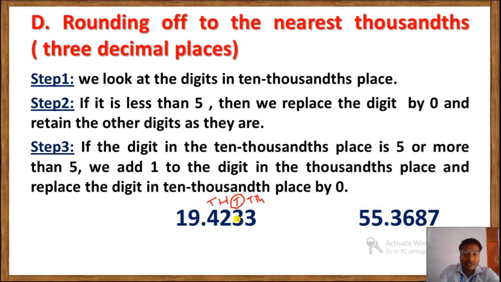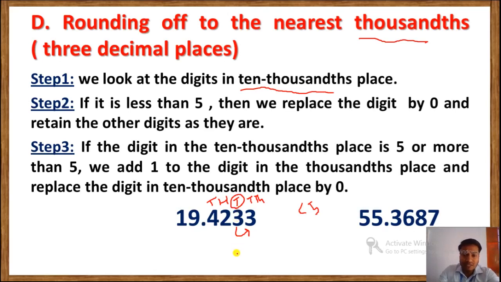According to step number 1, here we have to see the 10,000th place. Just right side of the 1000th place we have 3, which is less than 5. So what we have to do, we have to replace this 10,000th place by 0, and the digit at the 1000th place will be the same.